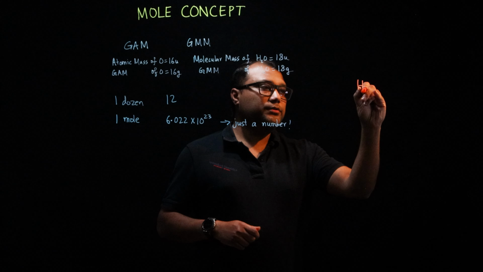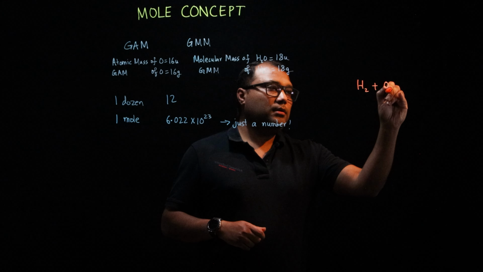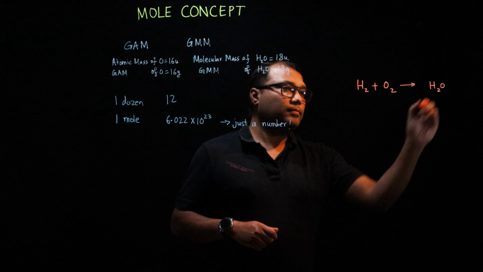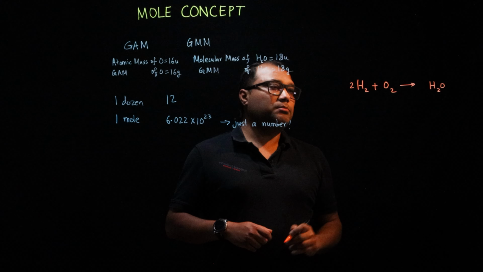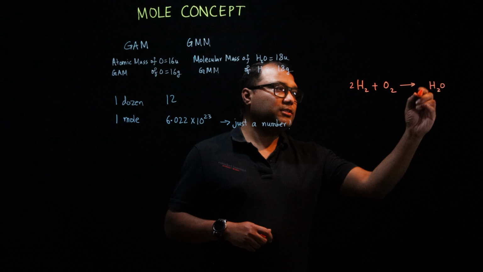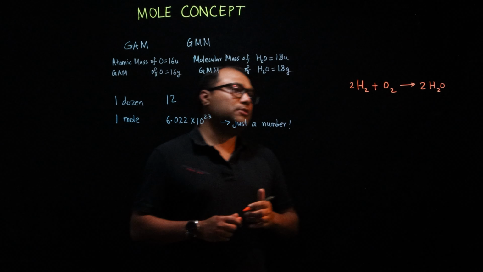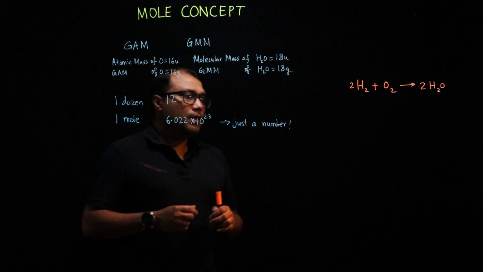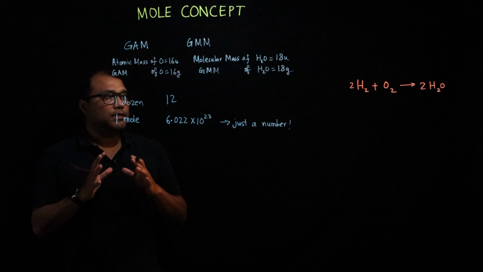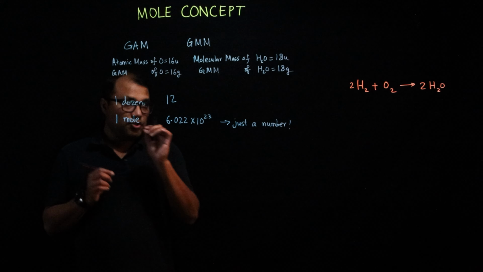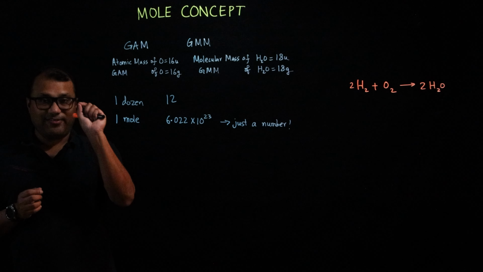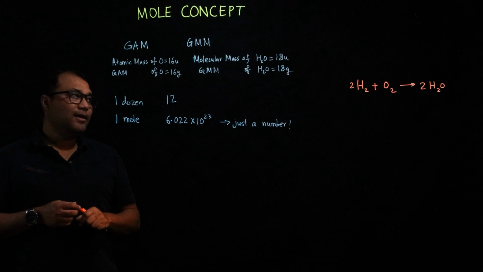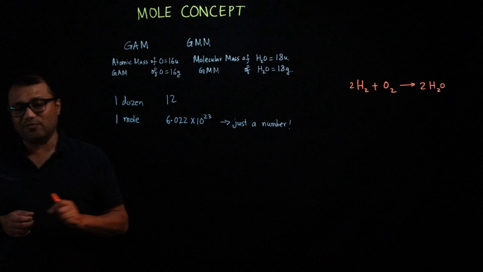reaction. Hydrogen and oxygen, they're combining to form water. So 2 hydrogen molecules combine with 1 oxygen molecule to form 2 molecules of water. Now it is very difficult to actually see 2 molecules of hydrogen combining with 1 molecule of oxygen and forming 2 molecules of water.